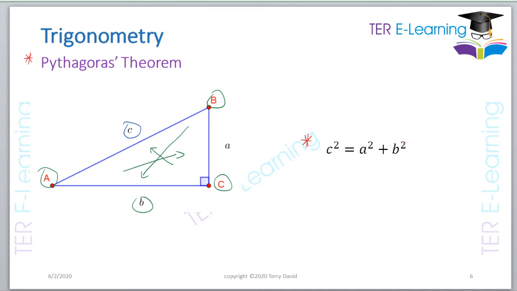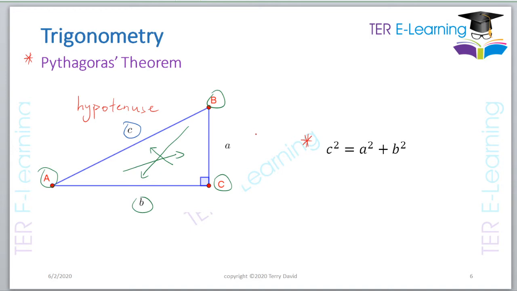Now, in class, what I usually tell my students to do is try not to necessarily remember the formula, right? The side that is opposite my right angle, that's C, that's this side here, it's called my hypotenuse. So the side opposite my right angle is called my hypotenuse.